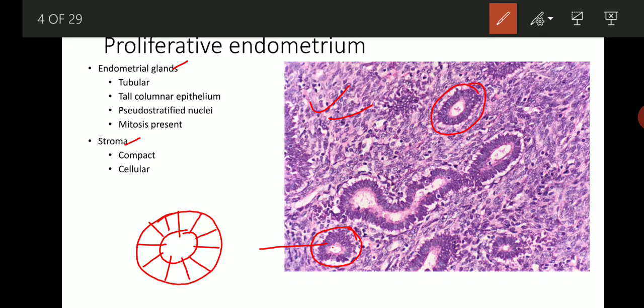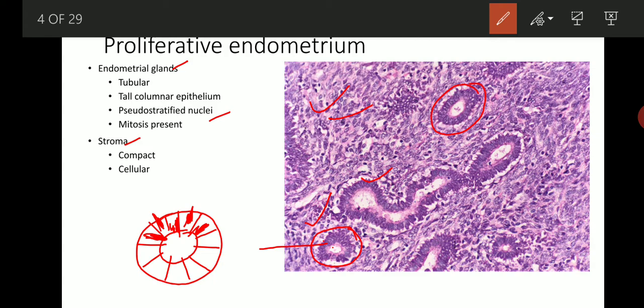If you see carefully, you will see that the nuclei are elongated like this and they are at different levels. That means they are not aligned at the same level. So this is what is known as pseudostratified nuclei. If you look at this gland particularly, or this, you will see that the nuclei are pseudostratified.